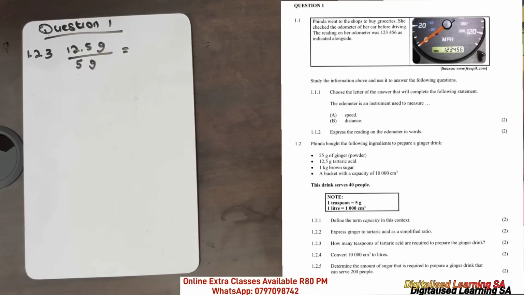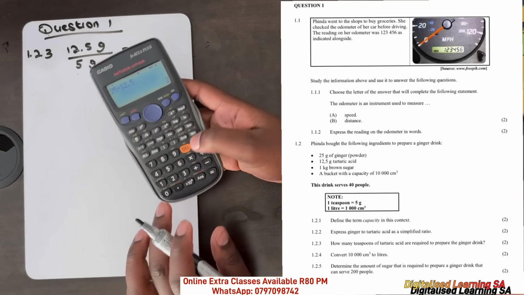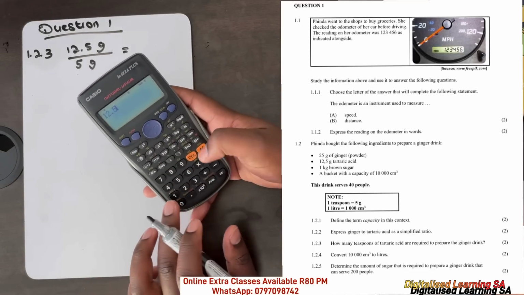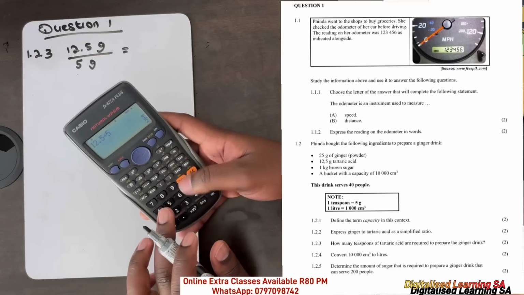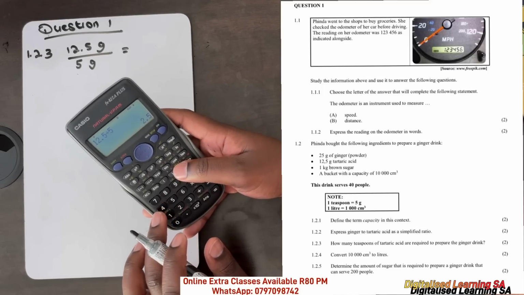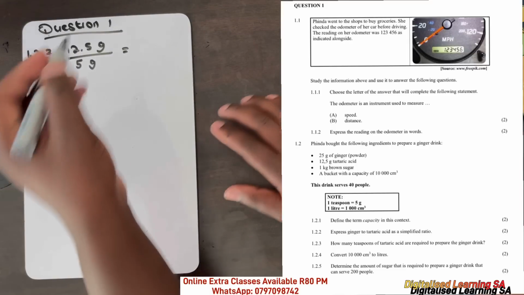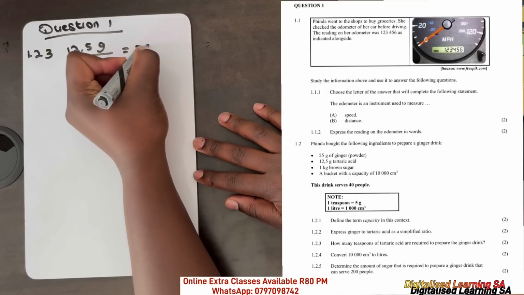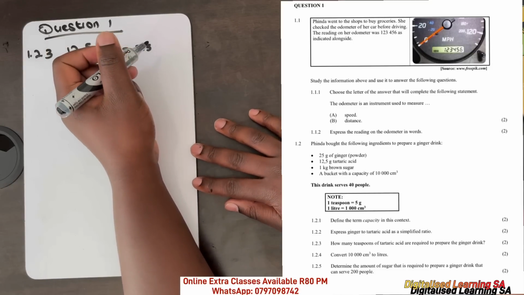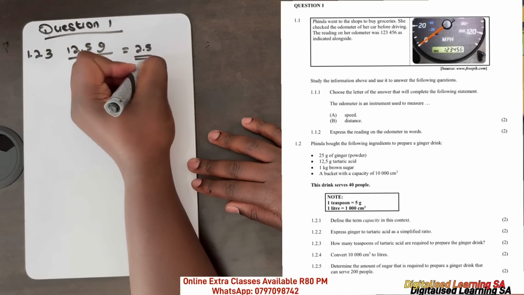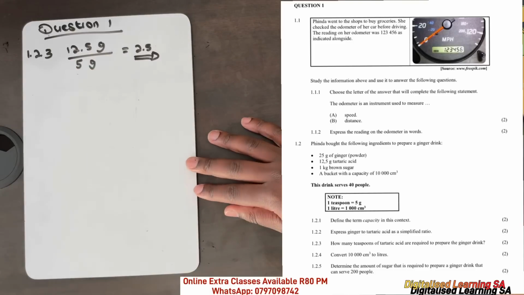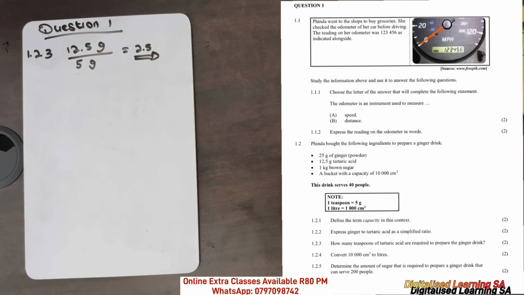So it will be 12.5 divided by 5, and the answer will be 2.5. So 2.5 teaspoons are required to prepare the ginger drink.